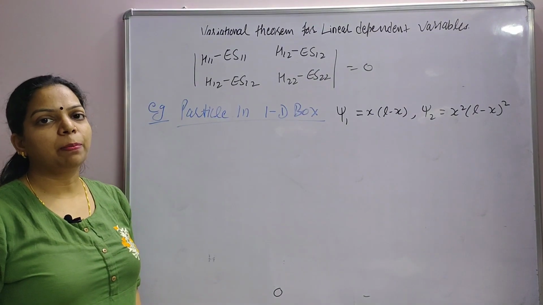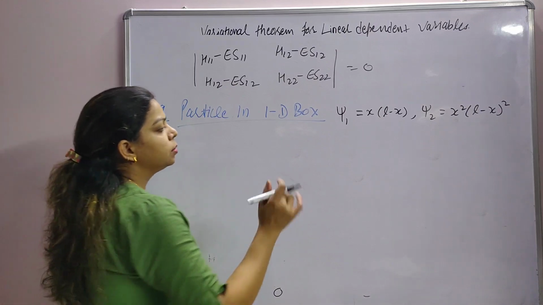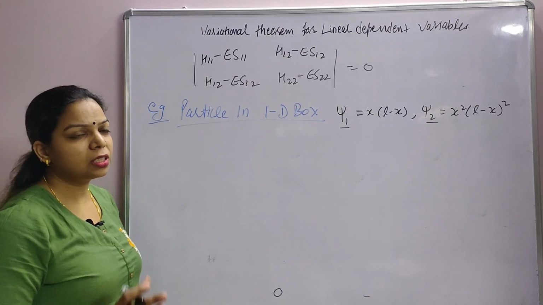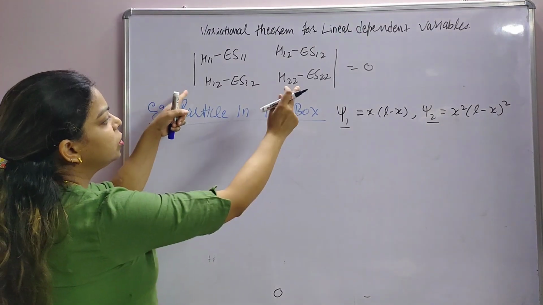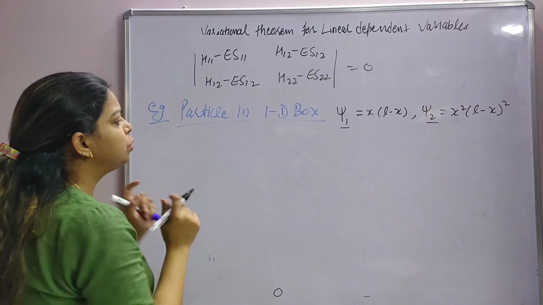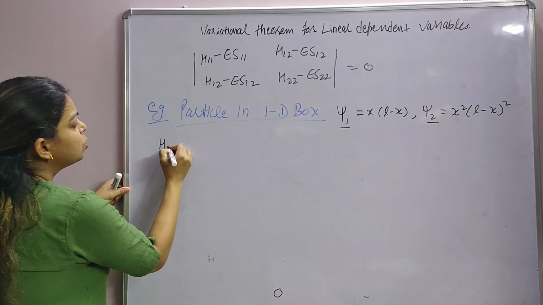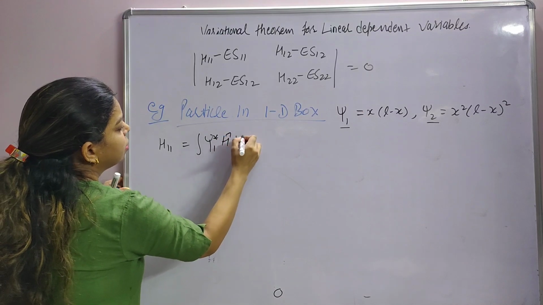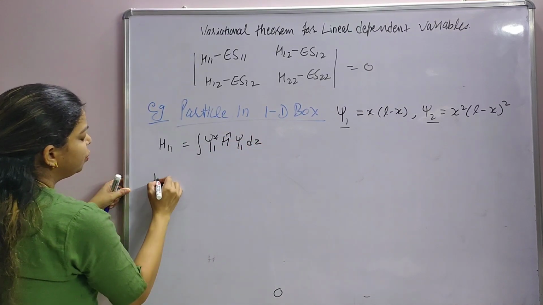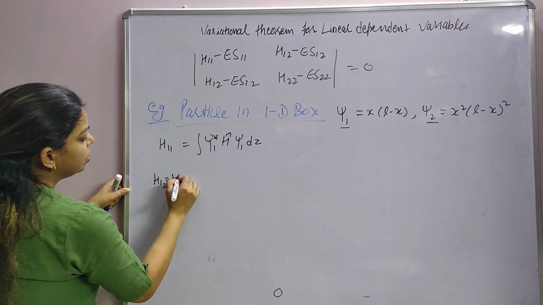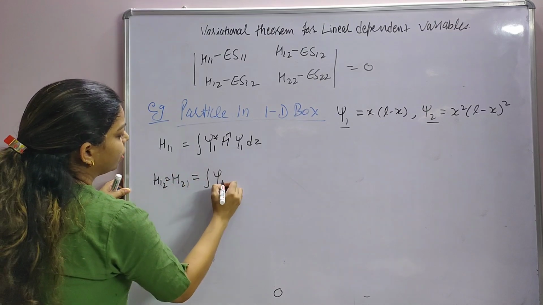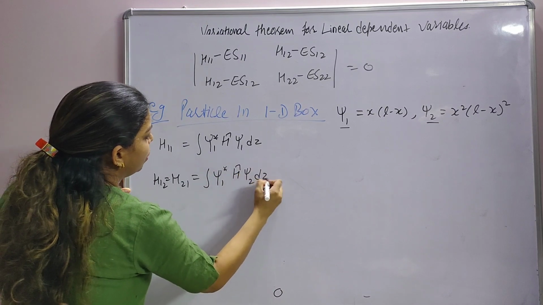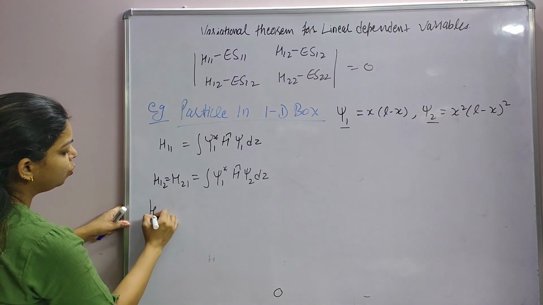So let's take the example of a 1D box. The provided wave functions psi1 and psi2 are these for the 1D box. This is given to you. Now you know this determinant. You simply have to find the values of H11, which was psi1 star H psi1, and H12, which was equal to H21, psi1 star H psi2, and H22 also.